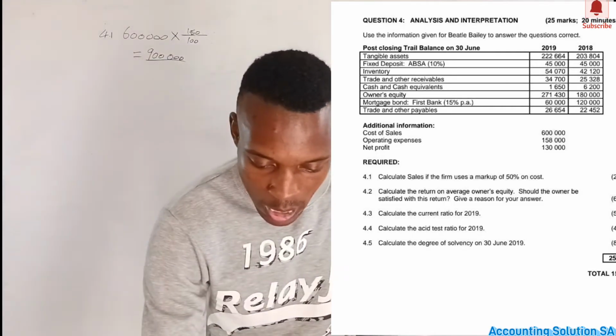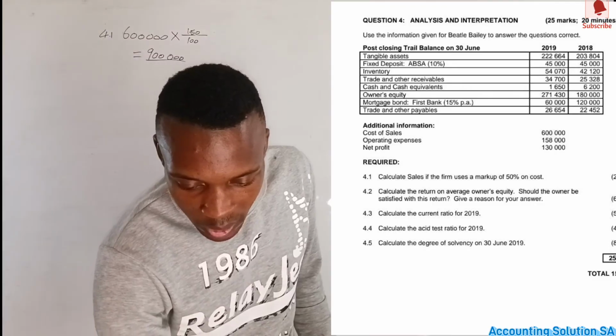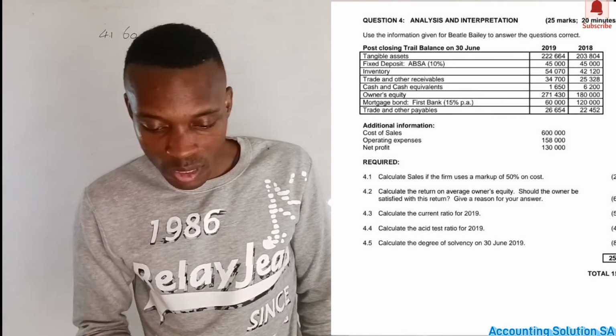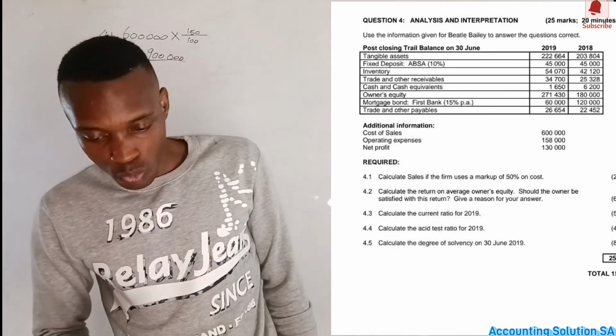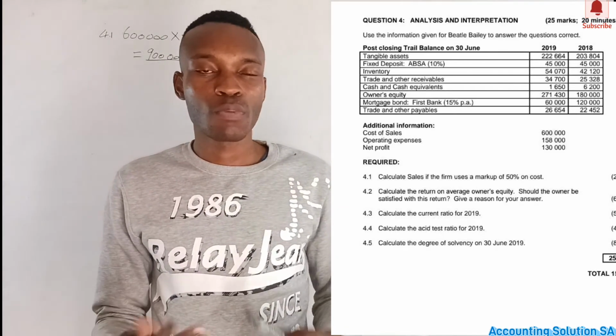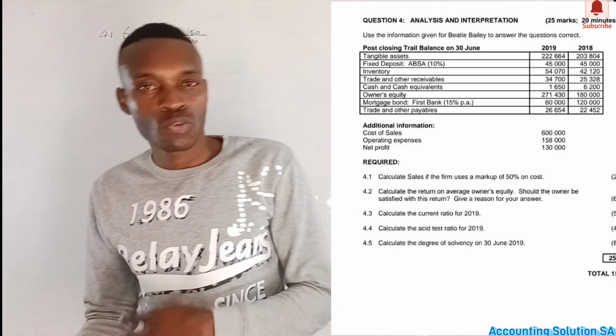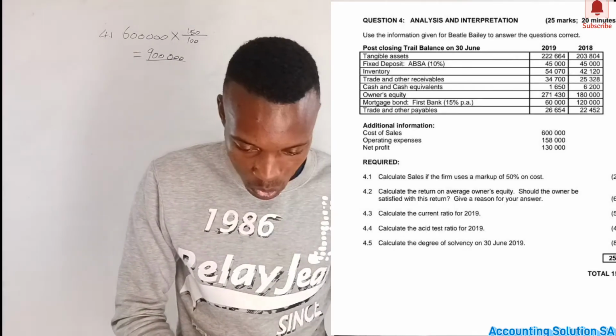Then number 4.2, calculate the return on average owner's equity, and should the owner be satisfied with the return? Which means that you must be able to comment. We are going to do that.